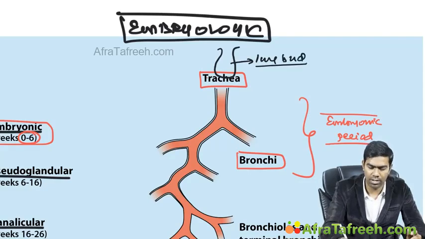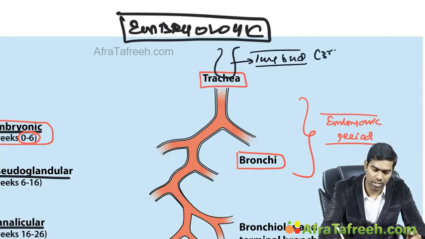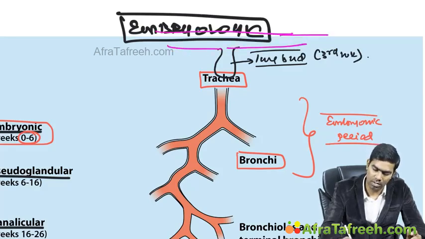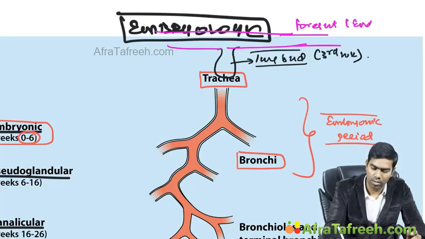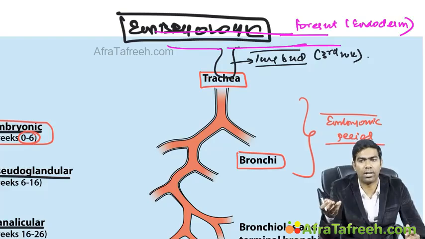The entire lung process starts from a lung bud, which originates around the 3rd week of gestation. This lung bud originates from the foregut endoderm.